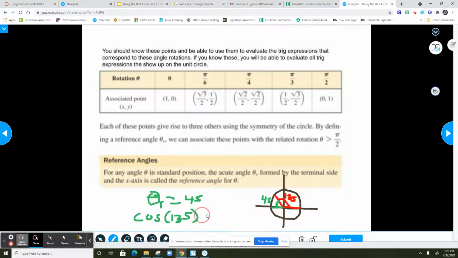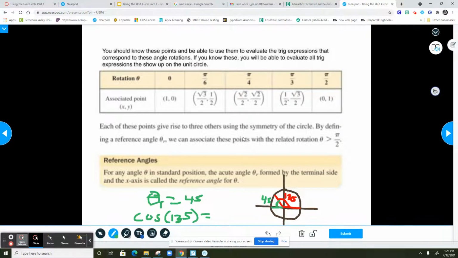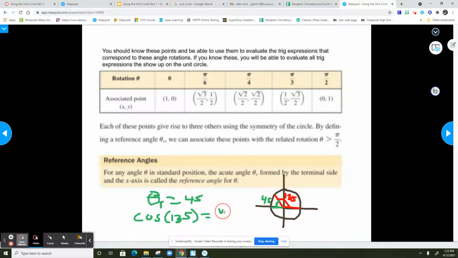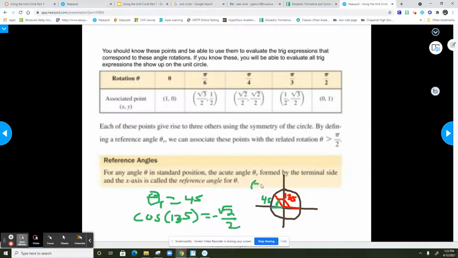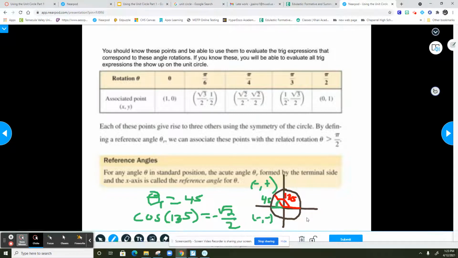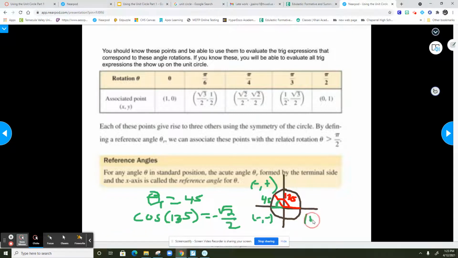The cosine of 45, or pi over 4, is rad 2 over 2. So cosine of 135 is rad 2 over 2, but since it's in the second quadrant, x is negative there. That's why it's important to know that the second quadrant is negative positive. Third quadrant's negative negative. Fourth quadrant's positive negative. And the one I skipped, obviously the first quadrant is positive positive.